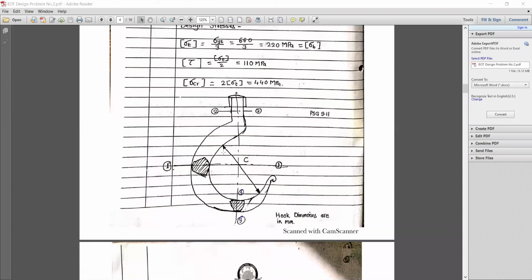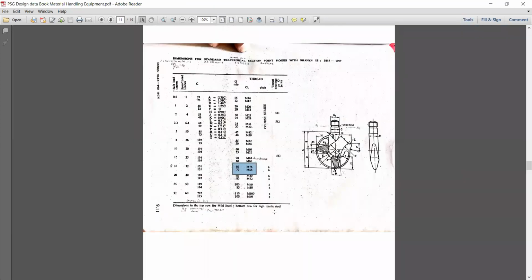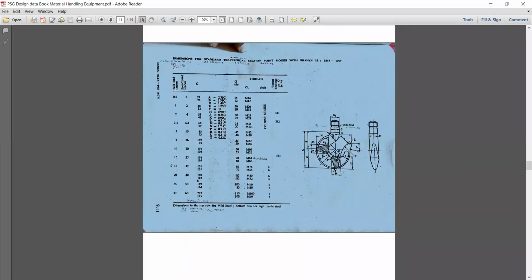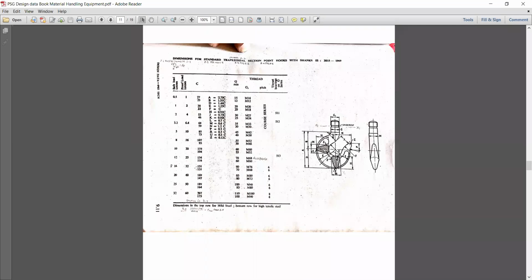Okay, so referring to the PSG, we are selecting the value of C equal to 151, so that the value of G is 80 and G1 is equal to M76. According to that we have all values for the different cross sections or parameters.